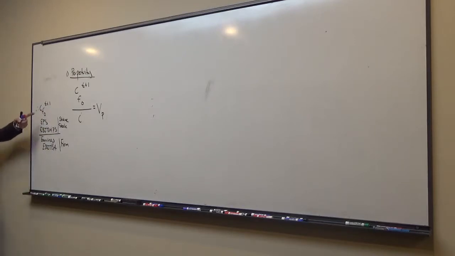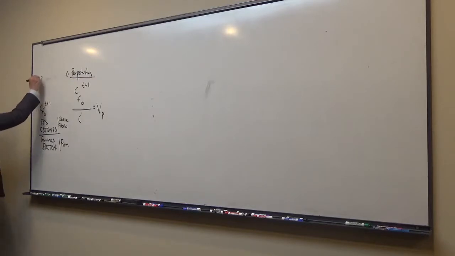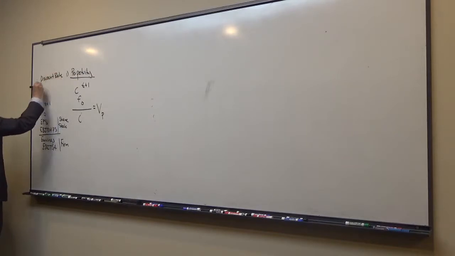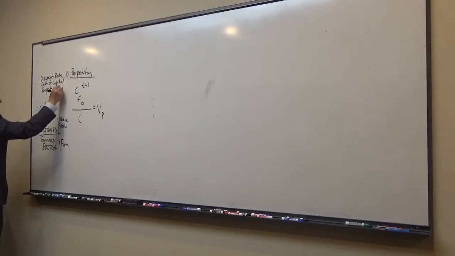And then I'm just giving you some definitions here. I is going to be your discount rate, could be your cost of capital, could be your expected or required return.